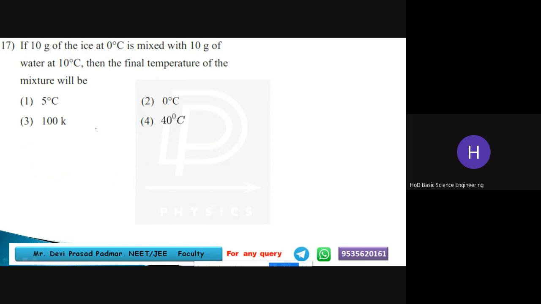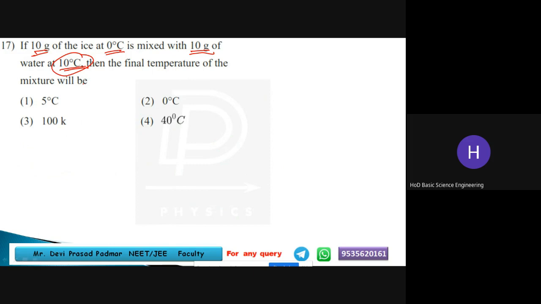A 10 gram of ice which is at 0 degrees Celsius is mixed with 10 gram of water at 10 degrees Celsius. Then the final temperature of the mixture will be? Here you can use some common sense.